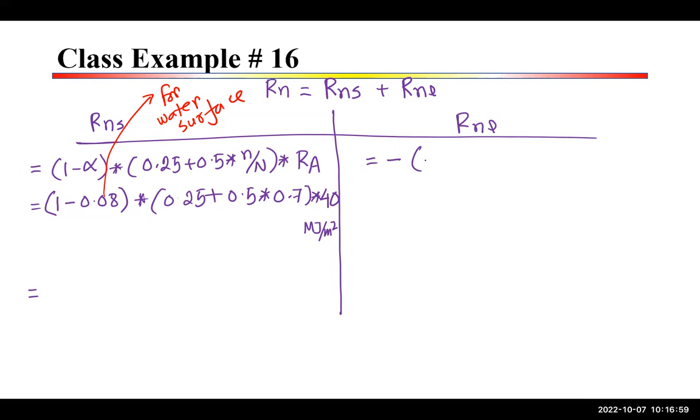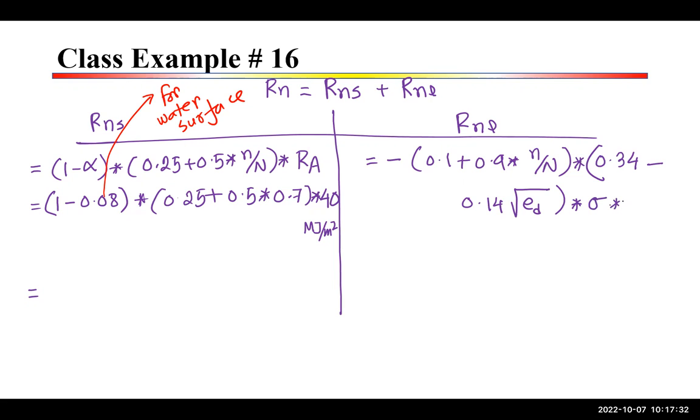Negative 0.1 and okay, then 1/4, okay, and the sigma e to the power 4.